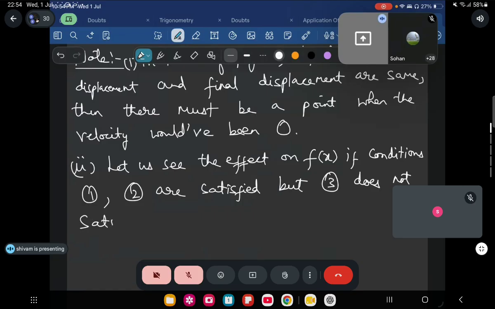Okay, and Rolle's theorem is not verified. Over here, Rolle's theorem will not be verified.